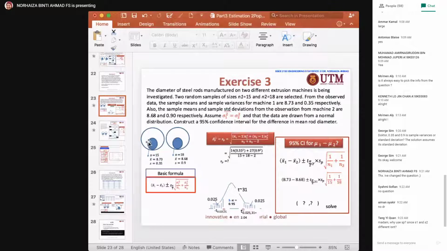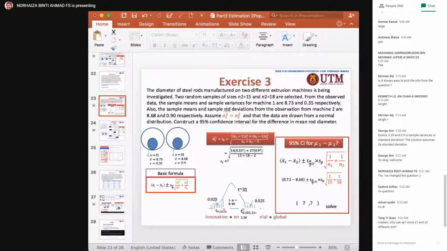From this 15, the variation within is only 0.35, and from the 18 it is 0.9. But here it says the population variances are equal. So if you use all the information from the observations, you know the population variances are equal. Those are the key reasons why we're using Sp.